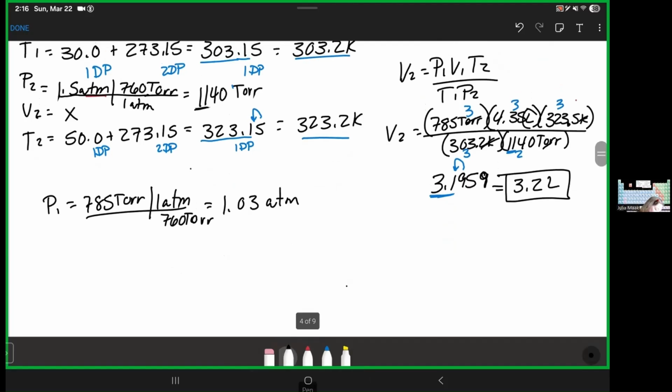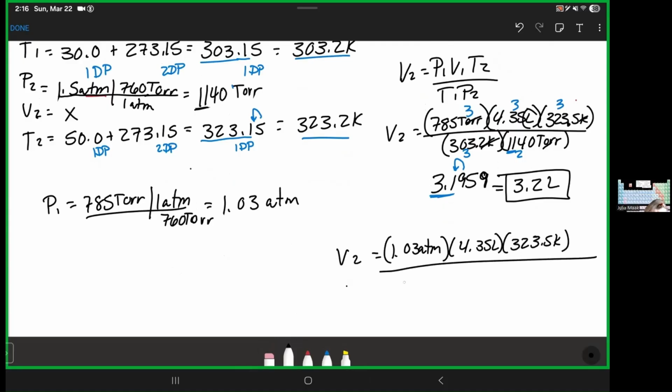So now if we had done this calculation with those instead, my first pressure was 1.03 ATM. My volume was still the 4.35 liters. That temperature was still 323.5. This temperature is still 303.2. But now we're using that ATM, my original ATM, on this second pressure. My ATMs cancel, my K's cancel, I'm left with liters.